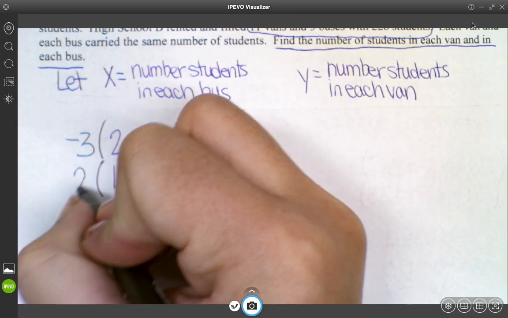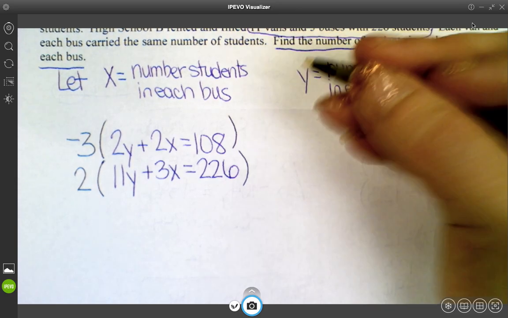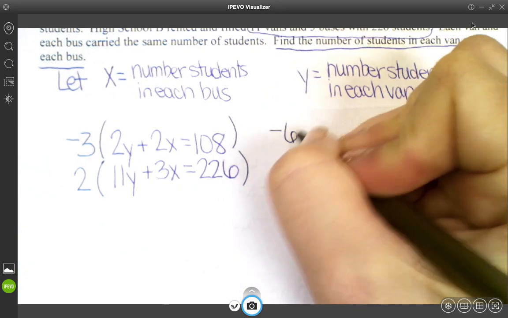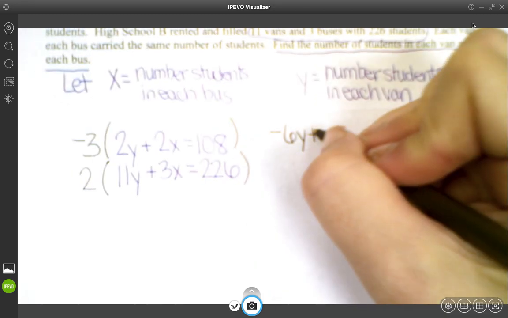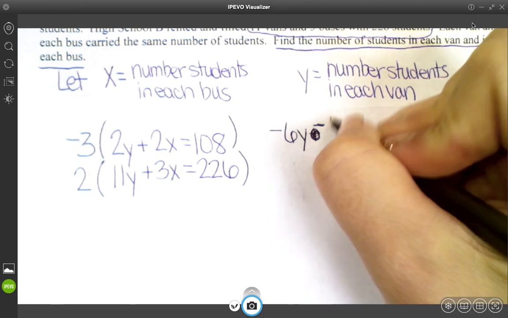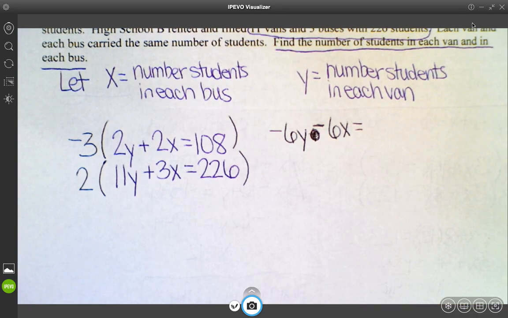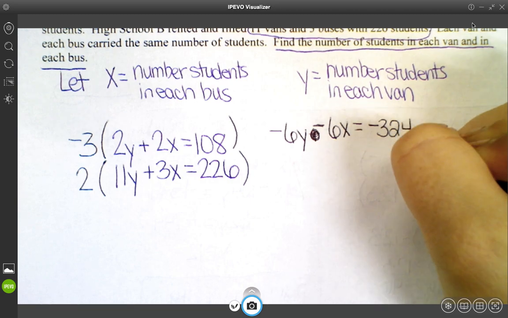Just a positive 2. So we are ready to multiply. Negative 3 times 2 is negative 6y, and negative 3 times 2, a minus 6x, equals negative 3 times 108, which is negative 324.